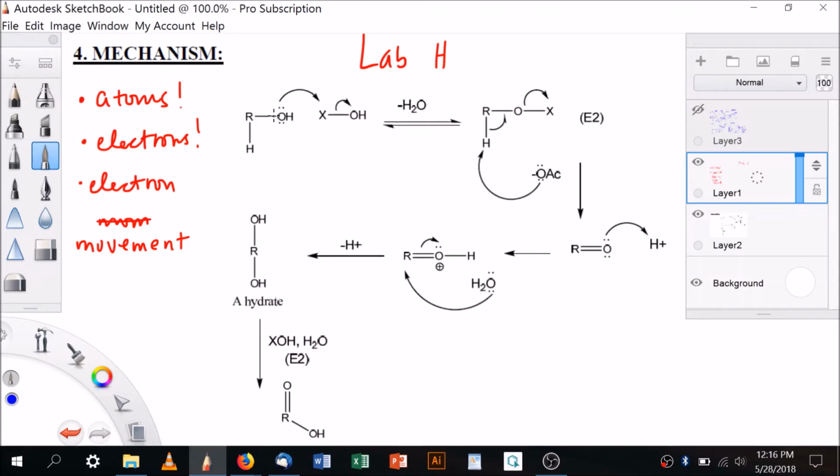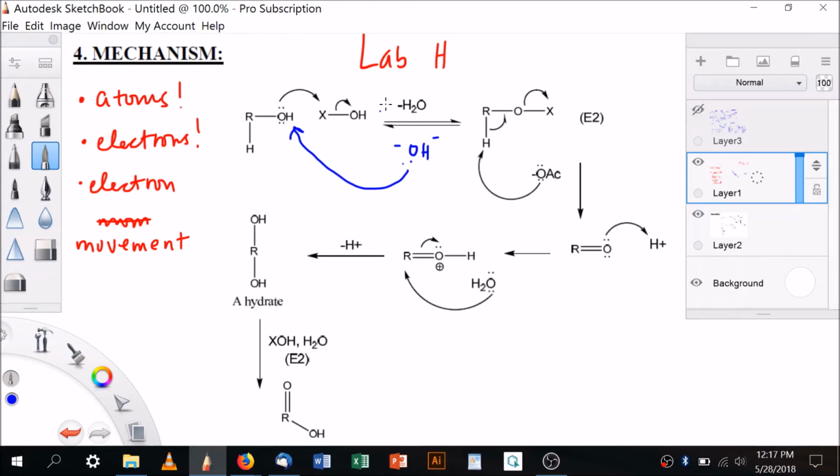So what's the first thing that happens here? We see that a new bond is being formed between that oxygen and that halogen, right? So what we have going on here is hydroxide is being left, right? And that hydroxide is coming along and taking that proton, right?